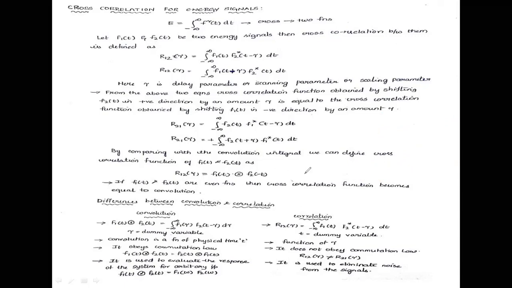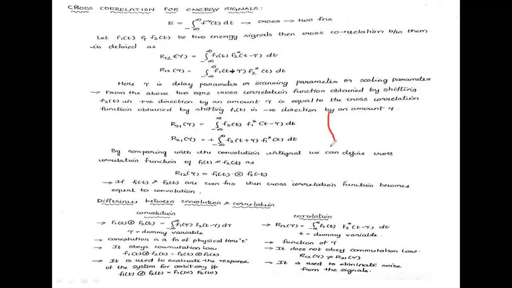In correlation, one signal is a normal signal and the other signal is a folded version of the other signal. Then there is a relation we get between the correlation and the convolution.